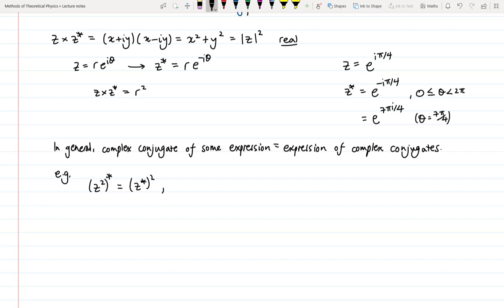We could also consider taking the complex number z, multiplying by i, and then multiplying by some real number x, and taking the complex conjugate. This will be the same as x, which is its own conjugate because it's real, times minus i, which is the conjugate of i, times z star.